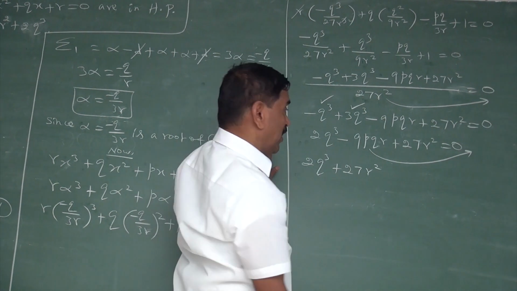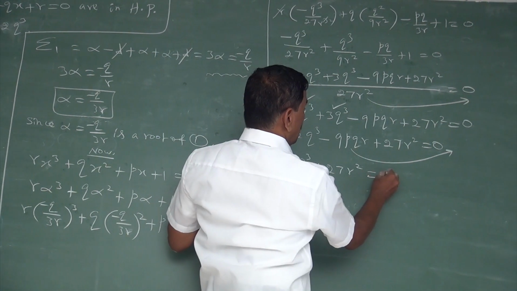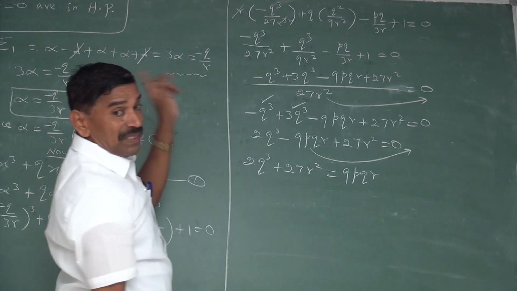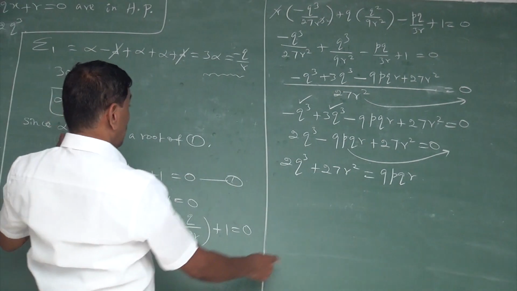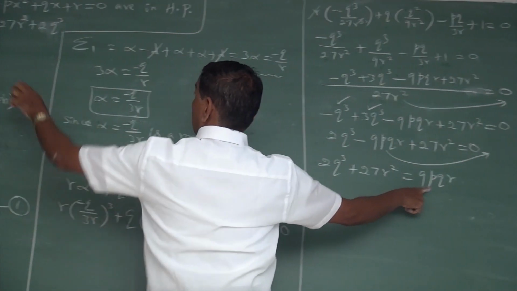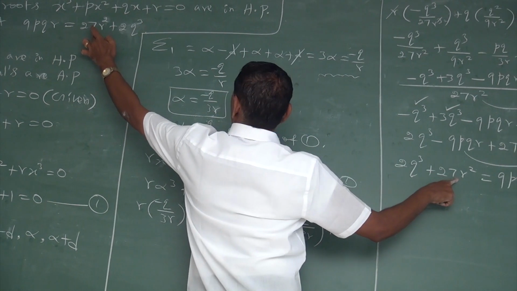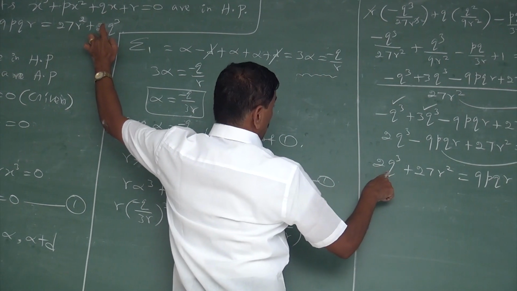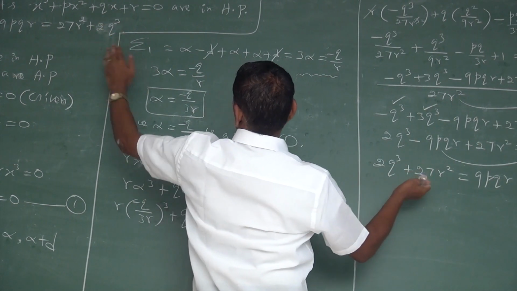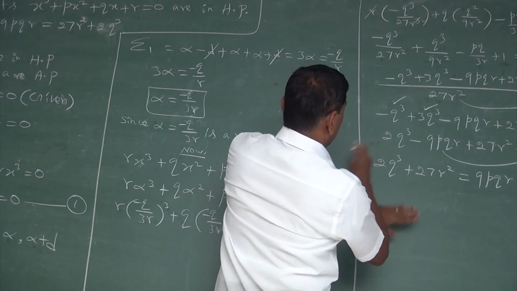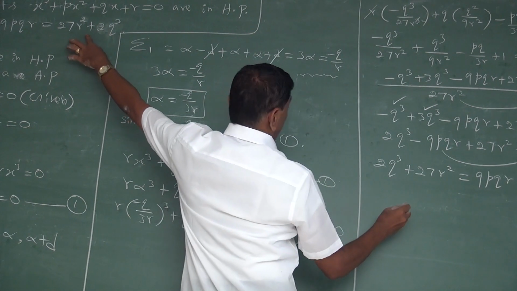Next step, minus goes to the right side plus. So 9pqr. Compare with the required answer. Listen. 9pqr, yes, 9pqr. And 27r square, 27r square. Plus 2q cube, yes, 2q cube. So the answer is correct. We can write as in the question, so we can reverse it. By reversing, we get the required answer.